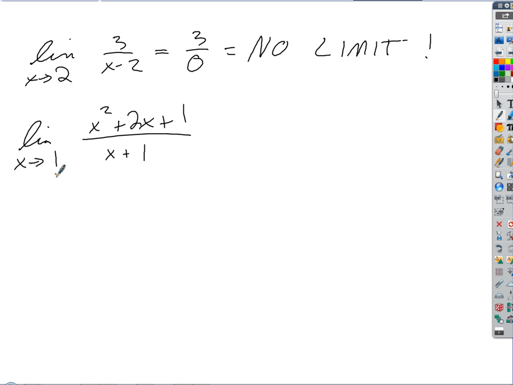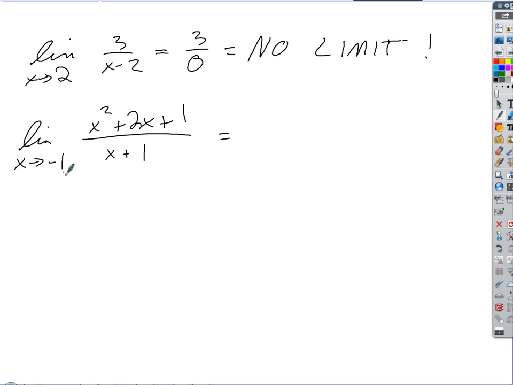It's 2. Everybody agree? Done. Right? Okay, let's change it though. Let's make it a little harder. What do I get if I evaluate directly?